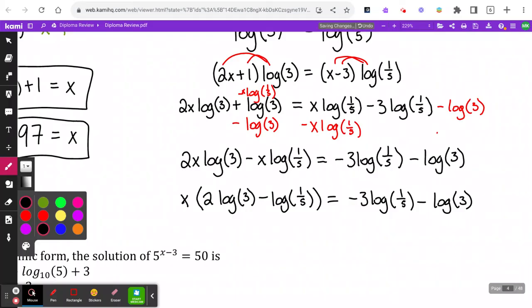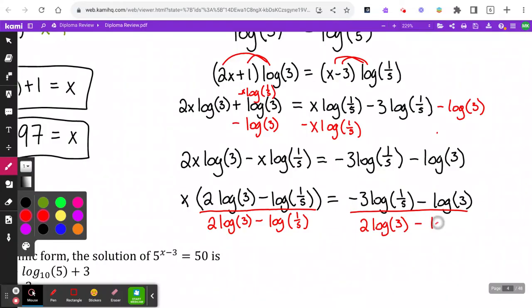And I divide the other binomial to the other side. On the left-hand side, when I divide by that entire thing, those binomials will cancel out. So x equals that massive expression on the right.